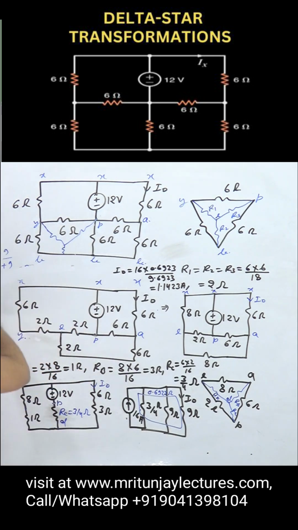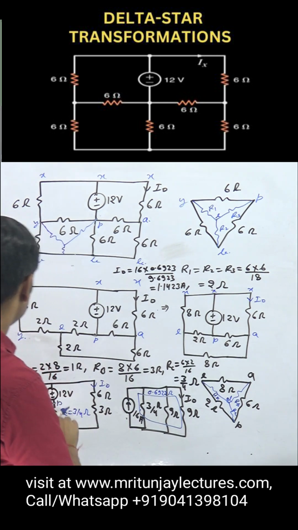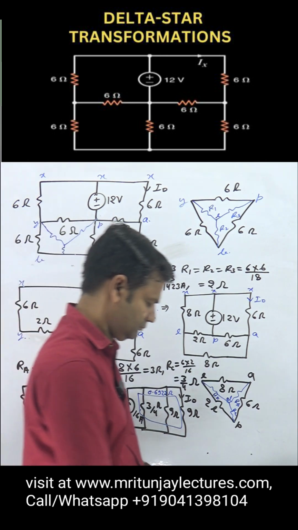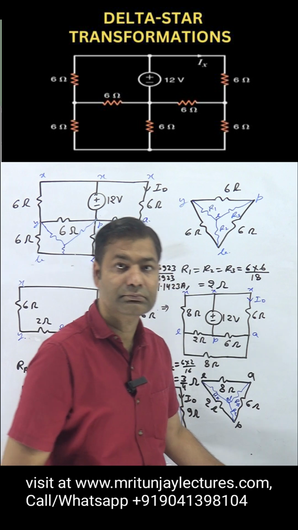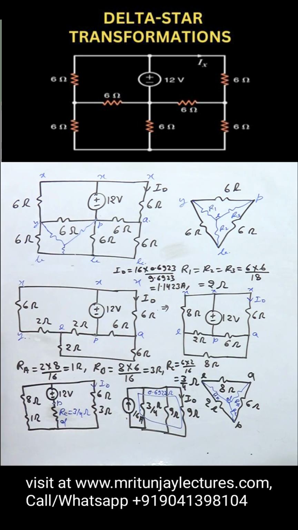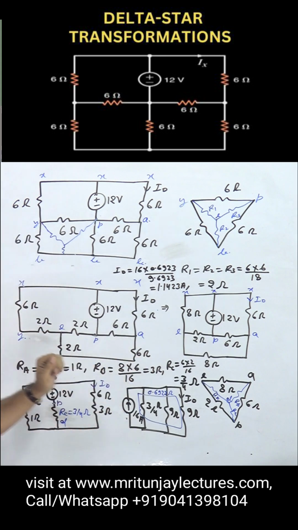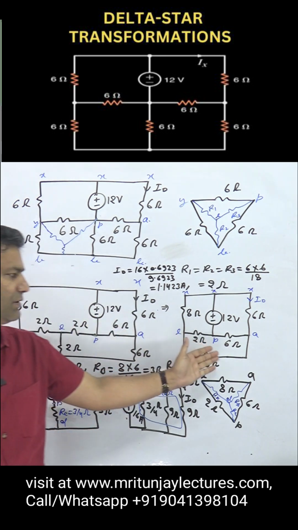So make it. So how can I achieve this target? First of all, apply here star delta transformation. We got R1, R2, R3 and put this value and we got like that one.